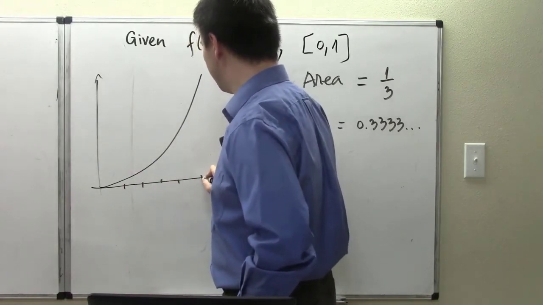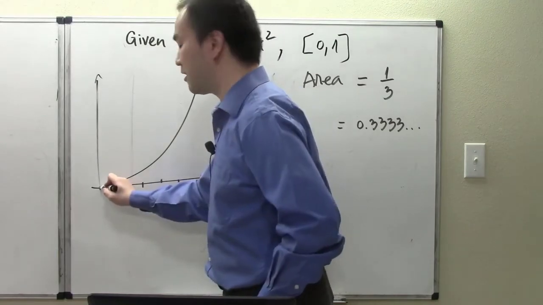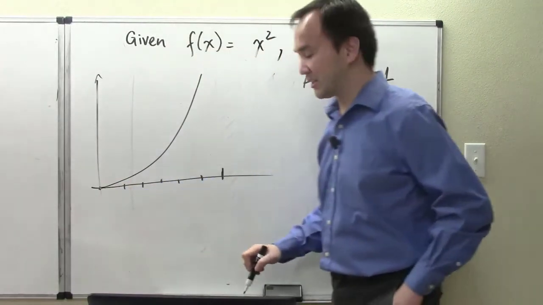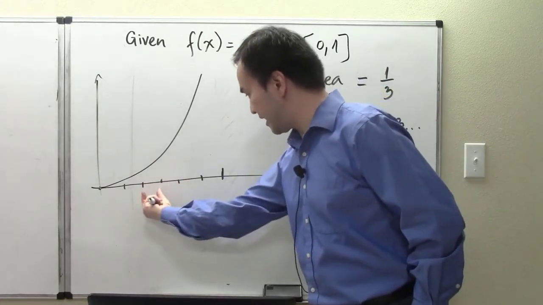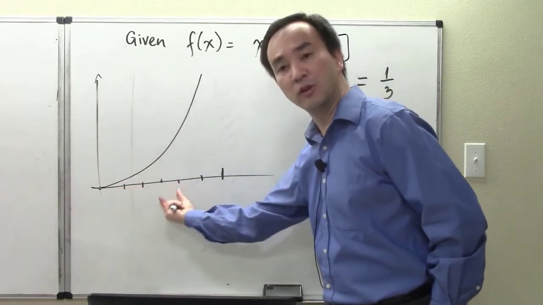But why not make it equal width? With the 6 subintervals here, it's a delta x here, a delta x here, and supposedly they're all equal to one another.